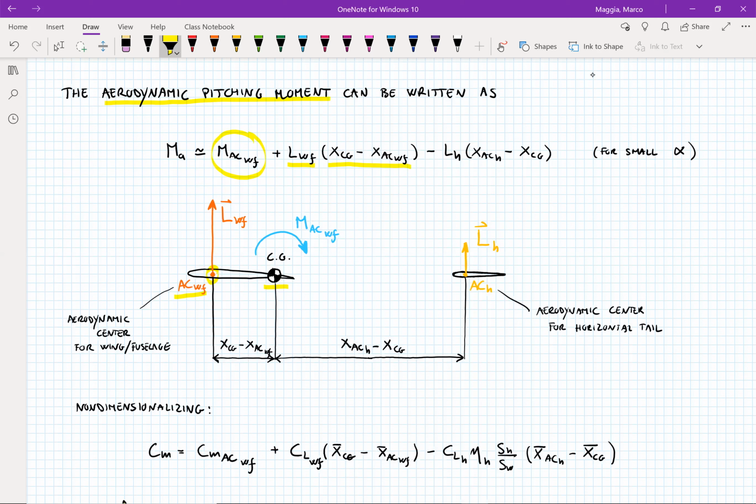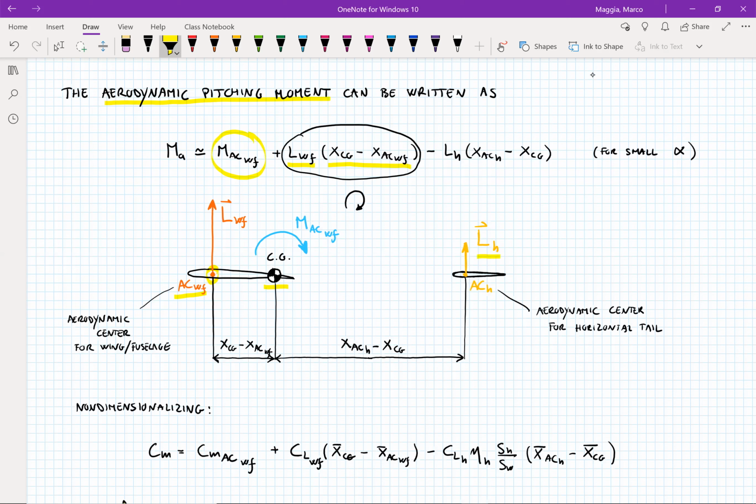Now, you see that this moment, LWF times the distance x CG minus x ACWF, is in the clockwise direction, so it's a positive moment. Whereas the lift that is generated by the horizontal tail, which we've indicated with LH, will cause a negative moment.